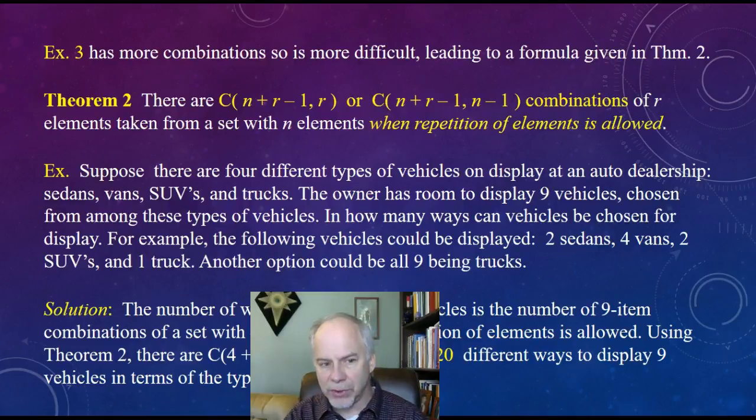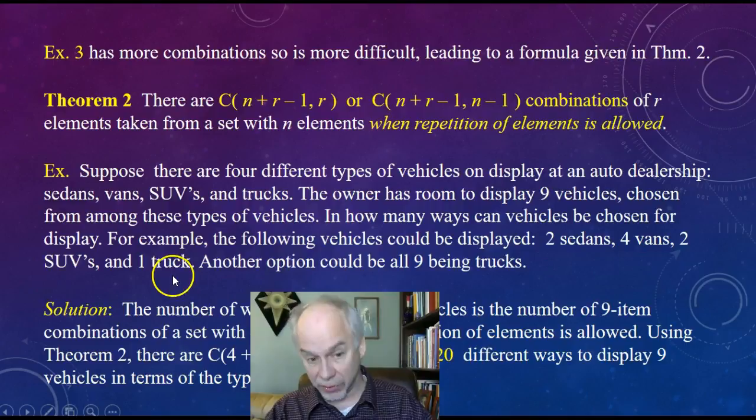How many different ways can he choose these types of vehicles, where the specific vehicle doesn't matter, but whether it's a sedan, a van, an SUV, or a truck does matter? One option could be all 9 trucks, or all 9 sedans, or all 9 vans. Or you could have 2 sedans, 4 vans, 2 SUVs and a truck.